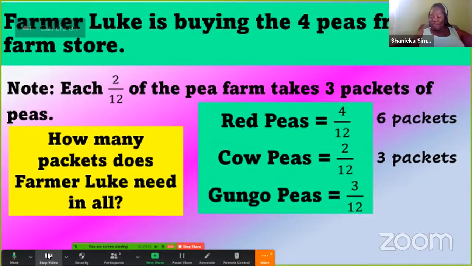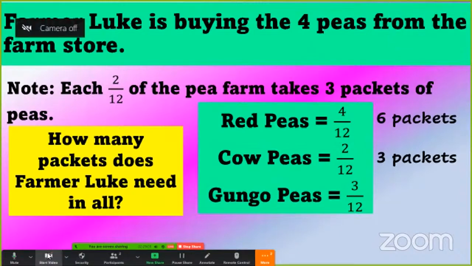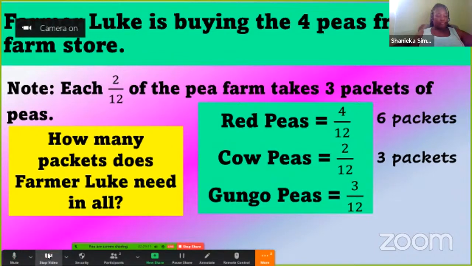So for gungo peas, remember, guys, you don't just answer and say 3 packets or so. If it's responding for gungo peas, you say gungo peas is equal to X amount of packets. So Jamari had said 5 packets, but I want to hear from the others.